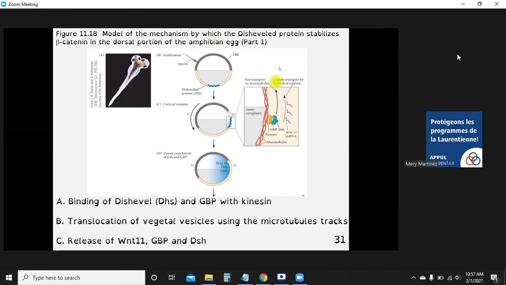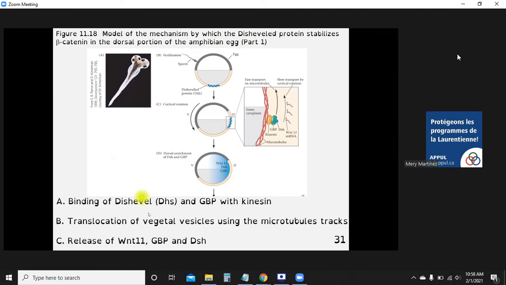This is the fast transport of microtubules. And then here in D, what we have is WNT, disheveled, and GBP are released from the microtubules and are distributed in the future third of the one cell embryo. And that is exactly where the dorsal lip of the blastopore will form.